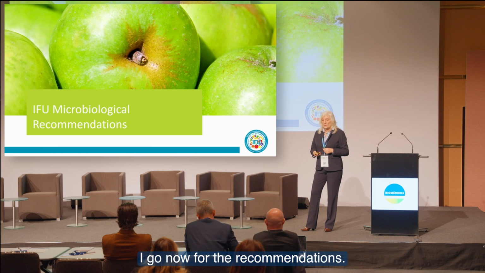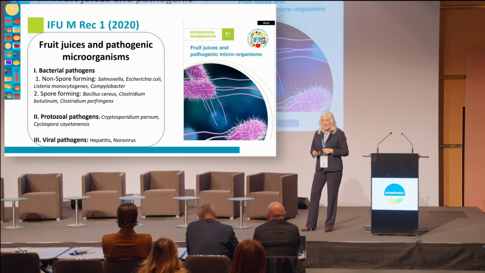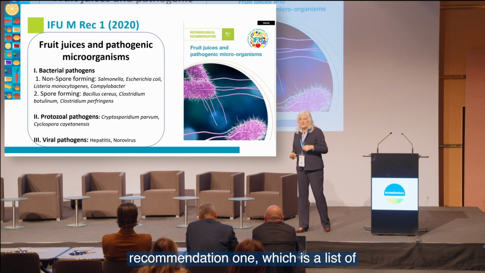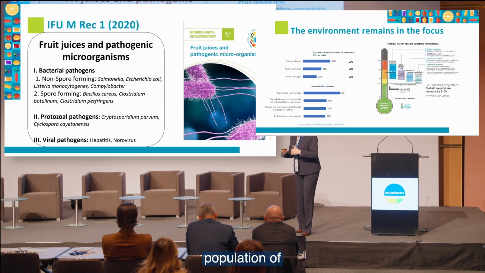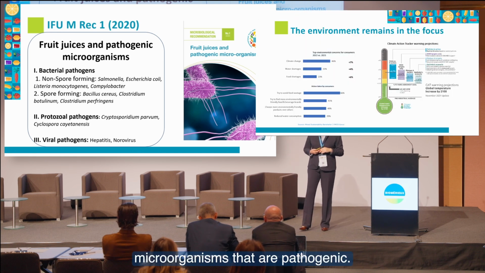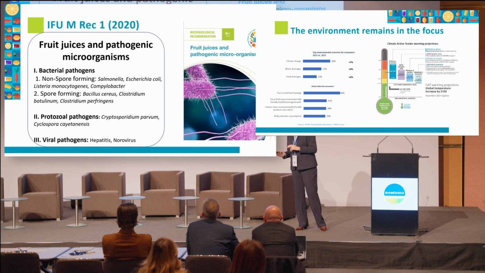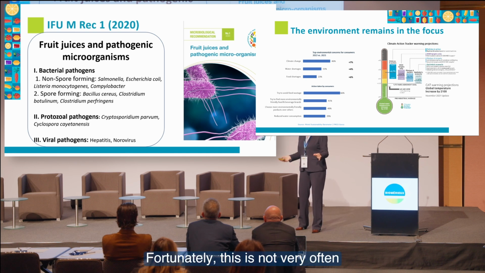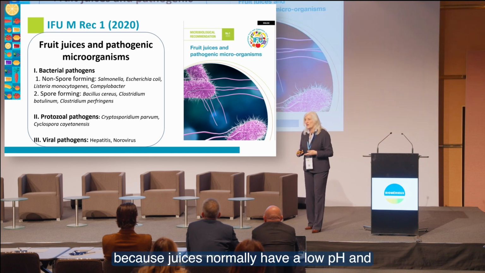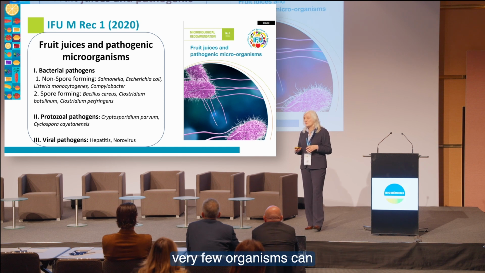I go now for the recommendations. We have recommendation 1, which is a compilation of microorganisms that are pathogenic, so they have an impact on health, and that could occur in juices. Fortunately, this is not very often because juices normally have a low pH and very few organisms can survive in this matrix.